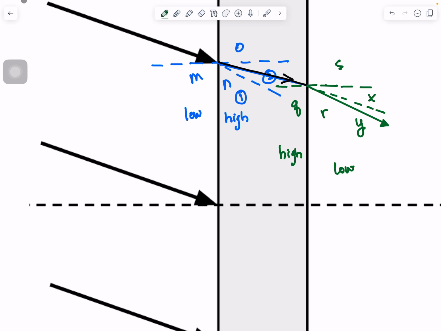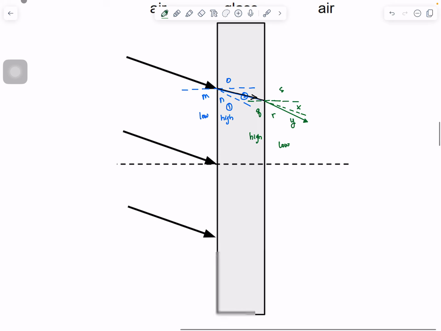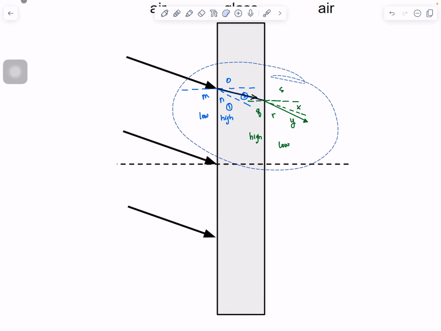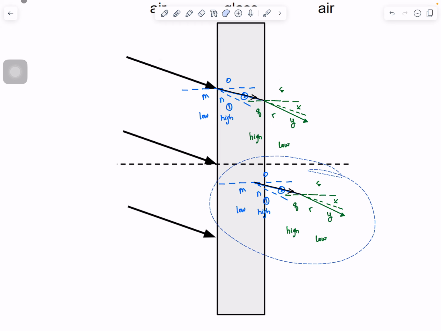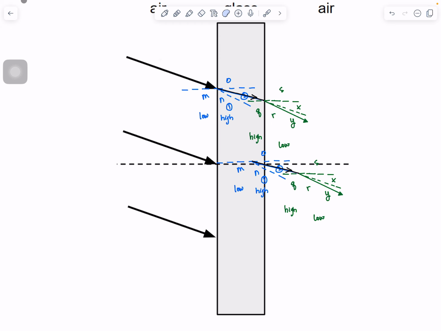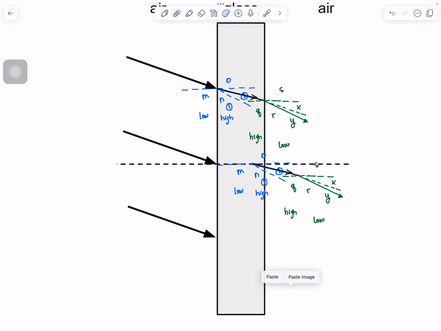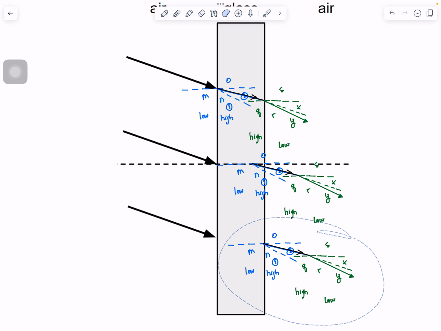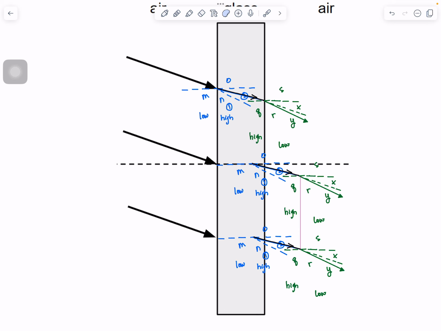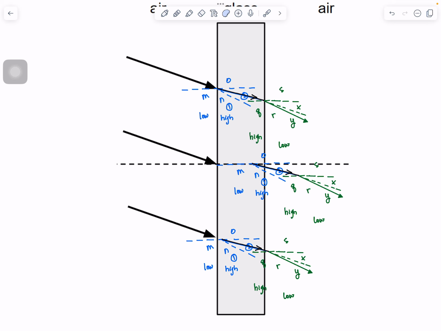And these rays I can copy, and it's going to look the same because the rays coming in from the air, those are all parallel to each other.